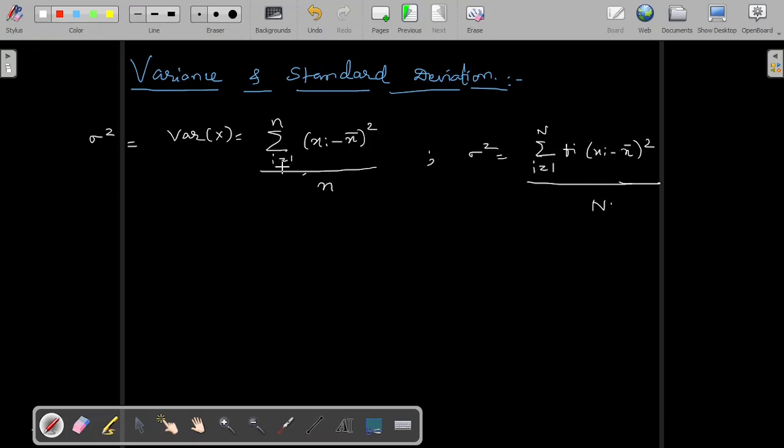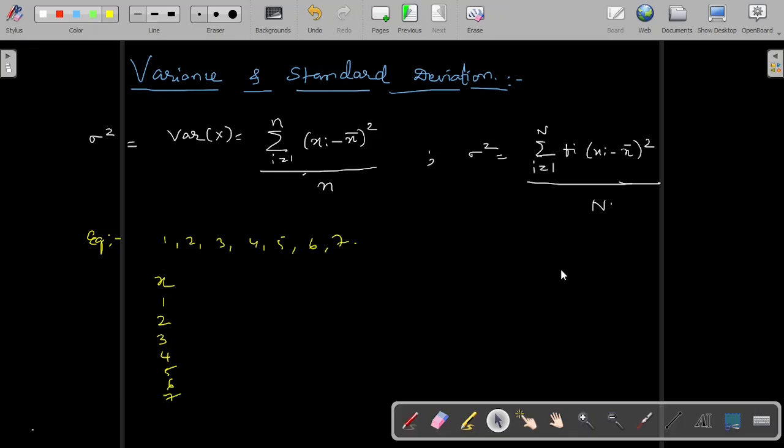See, average means sum of all these deviations taken from the mean and its square, divided by n. This is without frequencies. With the frequencies, fi into xi minus x bar whole square divided by capital N. This is the formula. Now calculate the variance for this data. So x is 1, 2, 3, 4, 5, 6, 7.